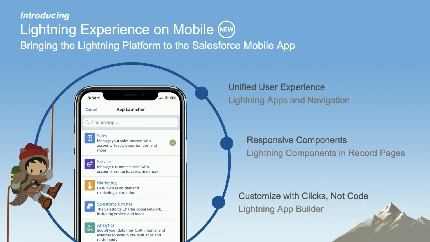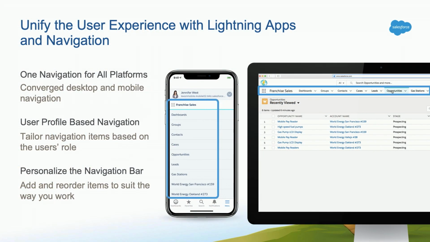OK, cool. But we really wanted to unify this user experience with what our end users are already familiar with. And so we very tightly coupled the mobile experience with the desktop. There's a couple things to cover here. The first is we've fundamentally changed the navigation for the mobile app. Previously, the mobile app had a hamburger menu in the upper left-hand corner where you would find all your menu items.